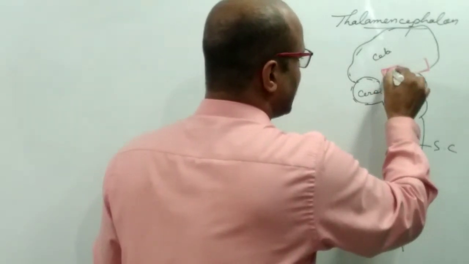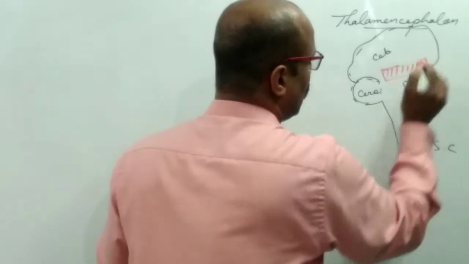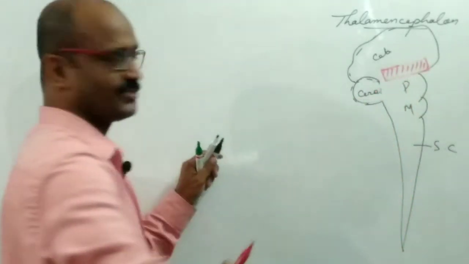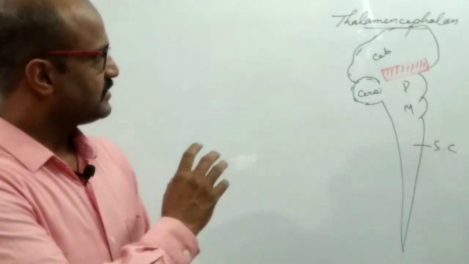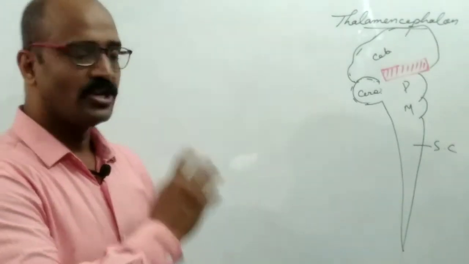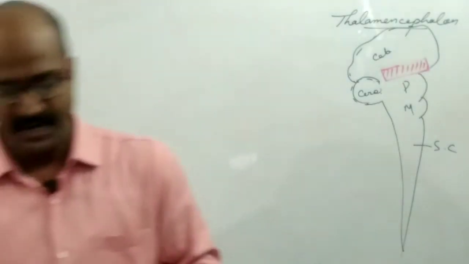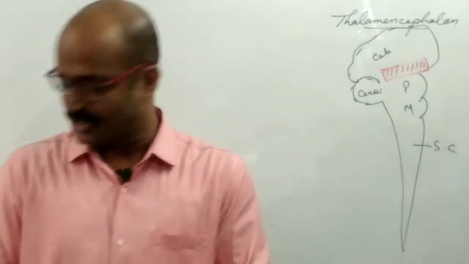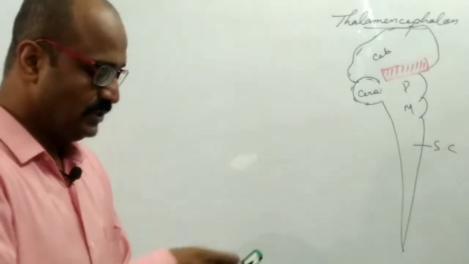It has a space, known as the diocele, which is also known as the third ventricle of the brain.